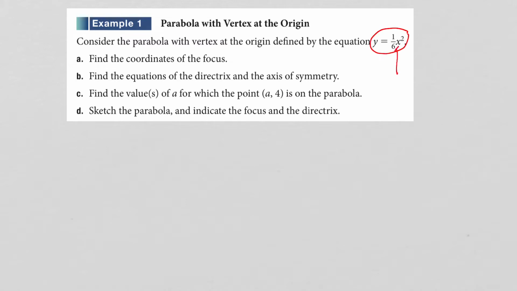You can see it right there. So that means we must be talking about x squared equals 4py. Now what we need to do is take our equation and make it look like x squared equals 4py. In other words, what we need to do here is solve for x squared.